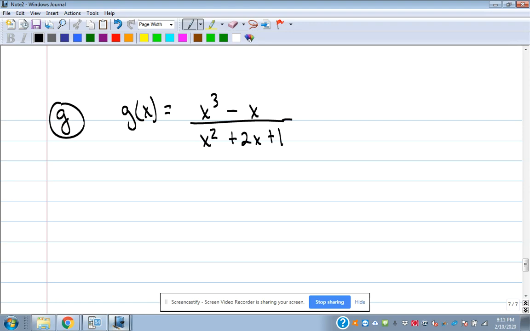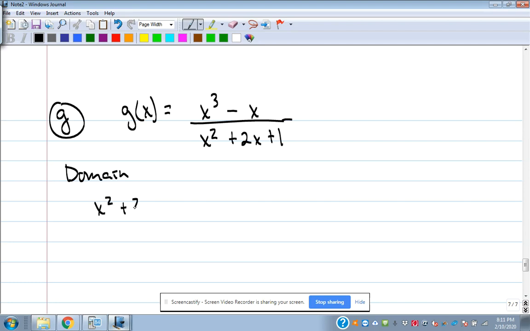So what do we do first? Help me along the way here so that you do a portion of the lesson. What do you do here? Find the domain. How do we do that? Denominator equals 0.